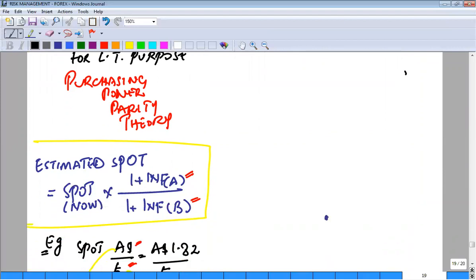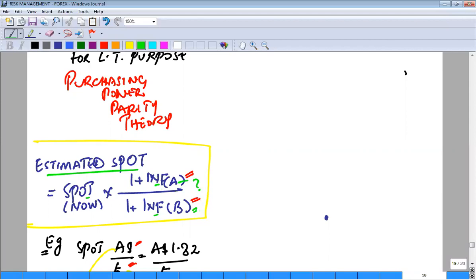In this scenario, we are estimating the spot, where we have been given the spot rate now, inflation A, and inflation B. It may be possible the examiner twists you: spot now and estimated spot for the next 1 year are given, and one inflation is given, for example B, and you have to identify A. It may be possible.